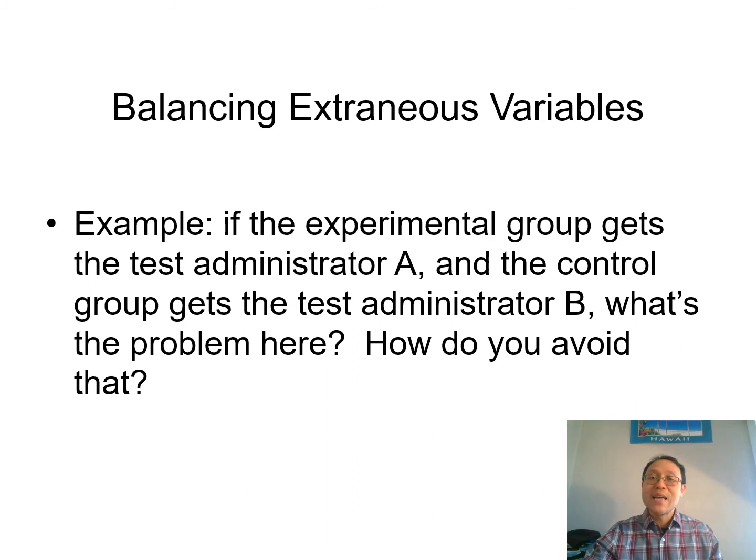Well, you can say that the differences between the control group and the experimental group could be because of test administrator A versus test administrator B. It could be because test administrator A is, let's say, more attractive and more pleasant and is always smiling, as opposed to test administrator B, who was very grumpy and very serious and never smiles.